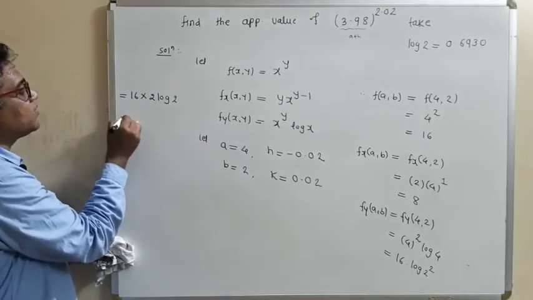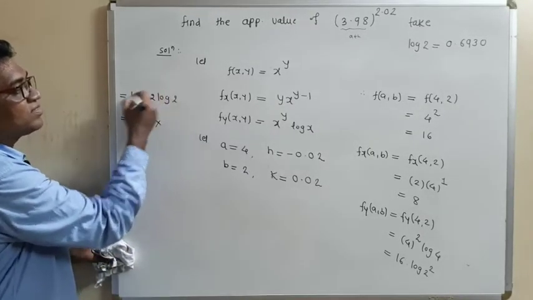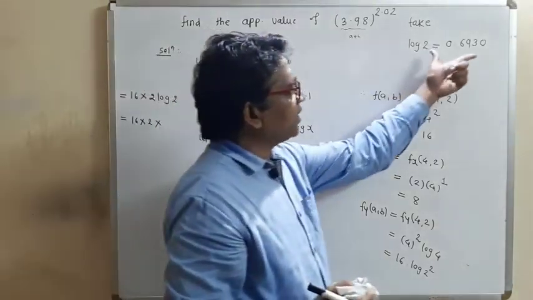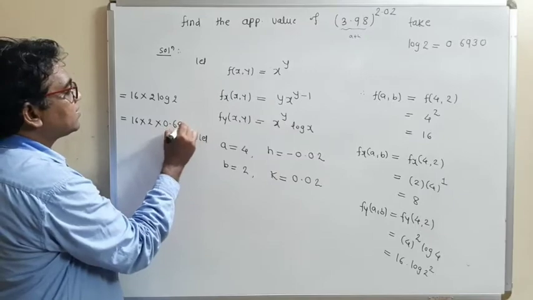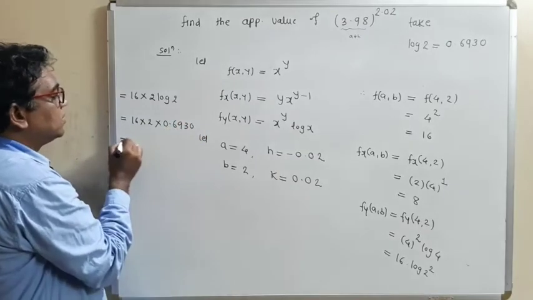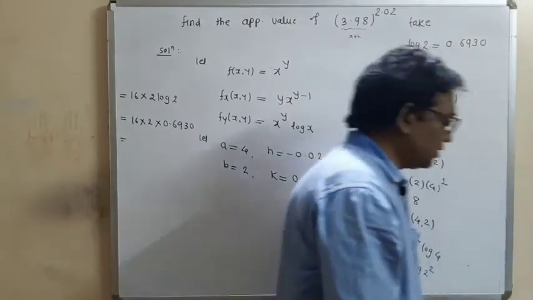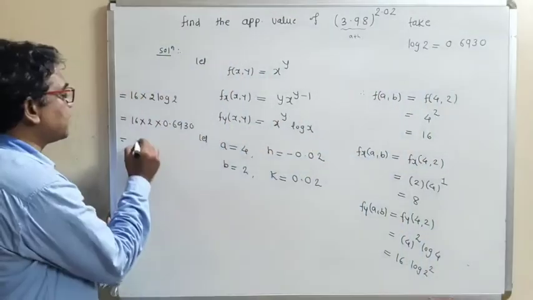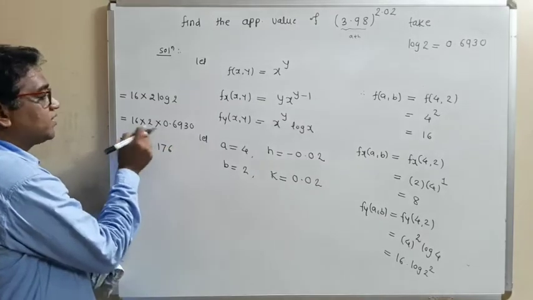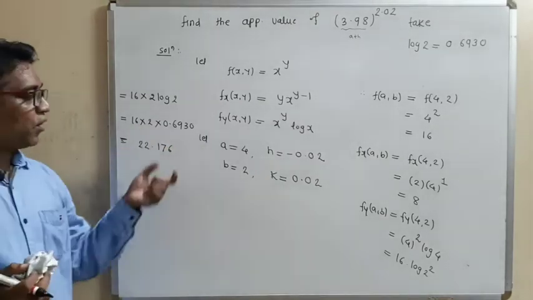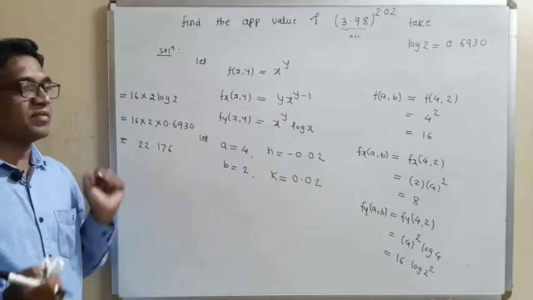So calculate this value. This is 16 into 2 into, now what is the given value? Log 2 we are given as 0.6930. So what is this total value? 16 into 2 into 0.6930 will be 22.176.